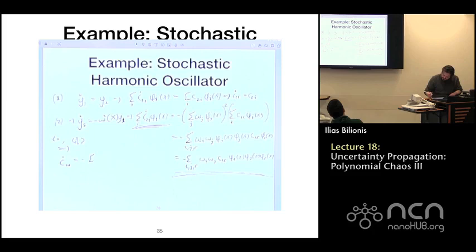minus sigma I j r, it doesn't go anywhere, omega I, omega j, c1r, these are all constants, and then you have the inner product of phi I, phi j, phi r with phi s.